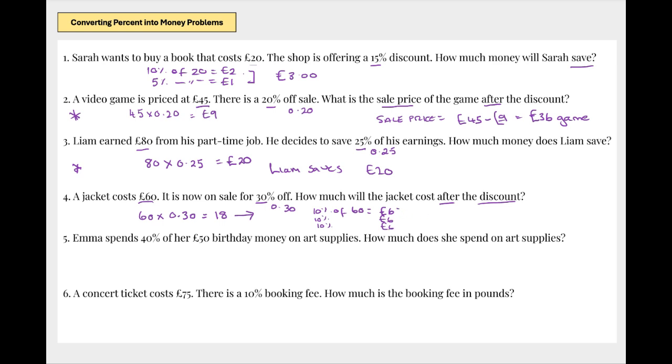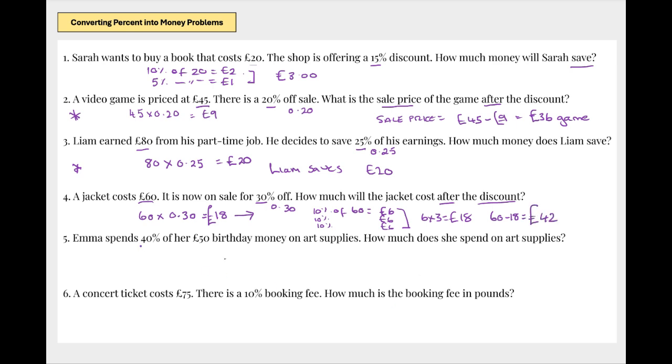So you just do 6 times 3 equals £18. So there's two ways of doing it there. The original price was 60, and after our discount of £18, the answer is £42.